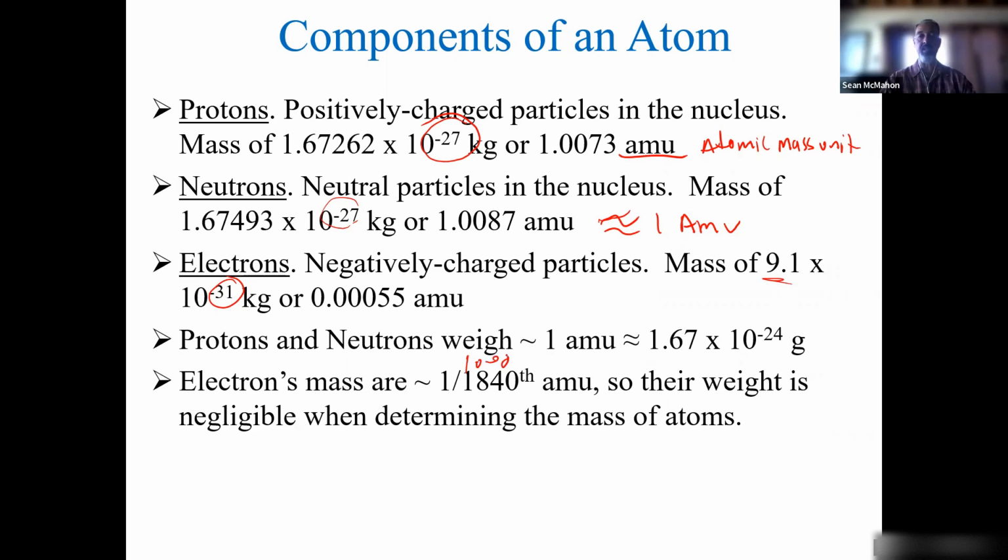But basically, the electron's mass is roughly 1/2000th of an AMU. So it's not that electrons don't have mass, but when we look at the overall mass of an atom, the electron's mass is negligible. We're primarily looking at the number of protons and neutrons because they are much more massive than electrons.